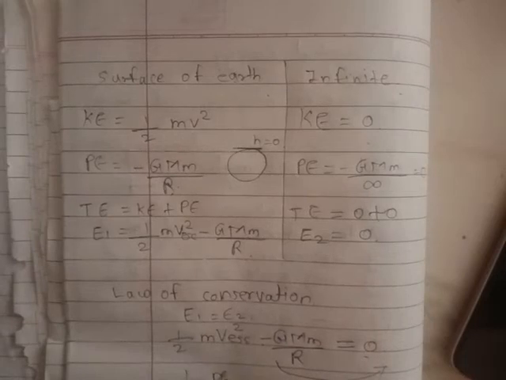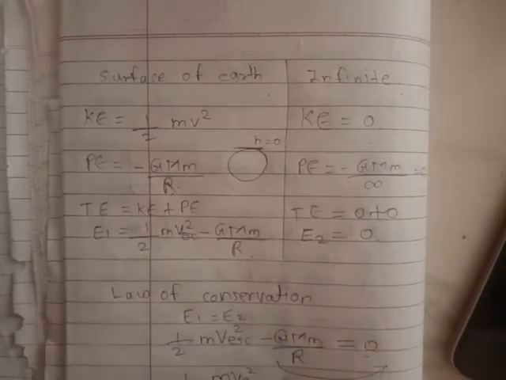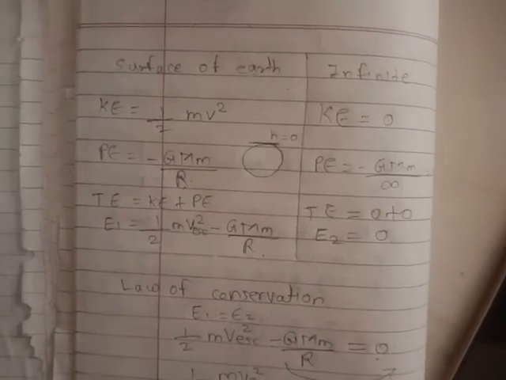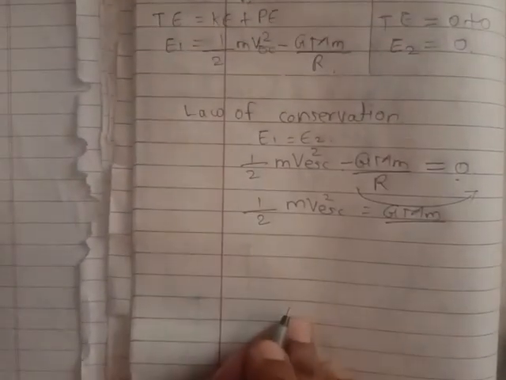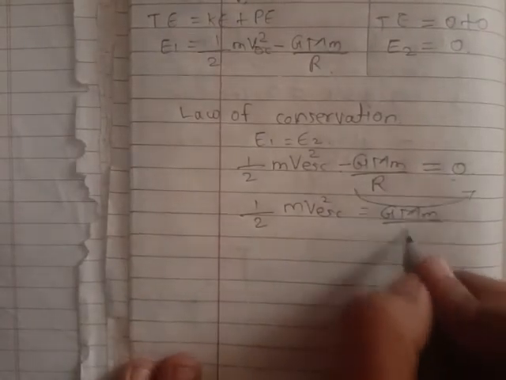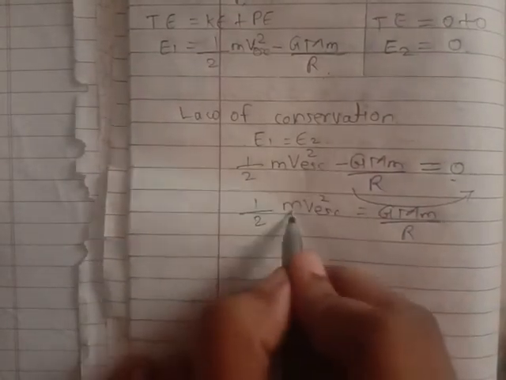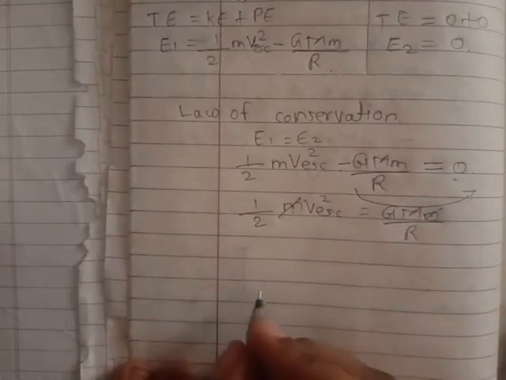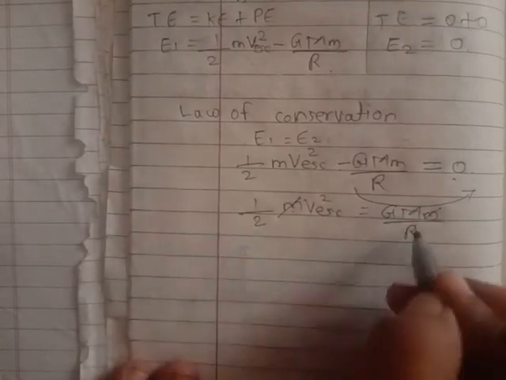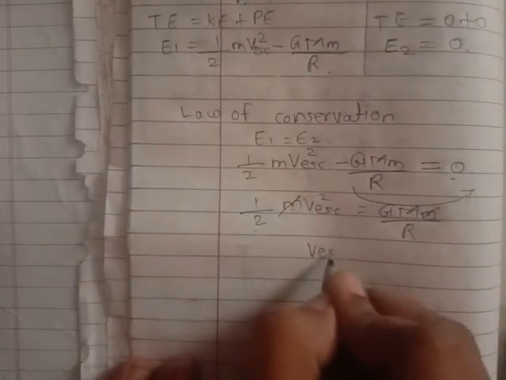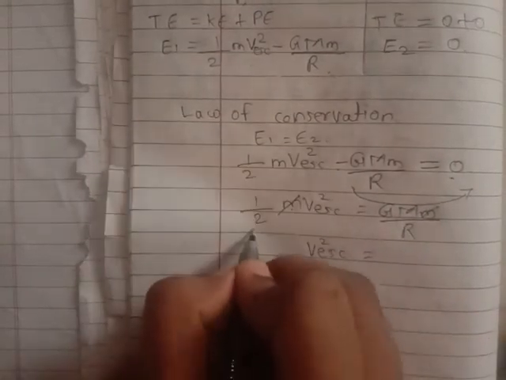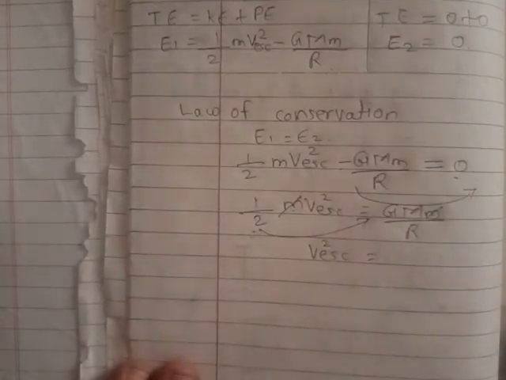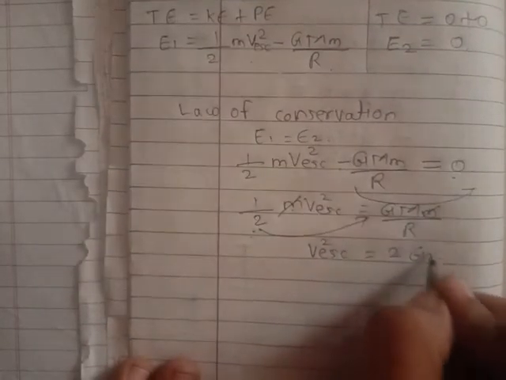So half m v escape square is equal to GMm divided by r. The small m on both sides will cancel. Shifting the half to the other side, v escape square equals 2GM divided by r.